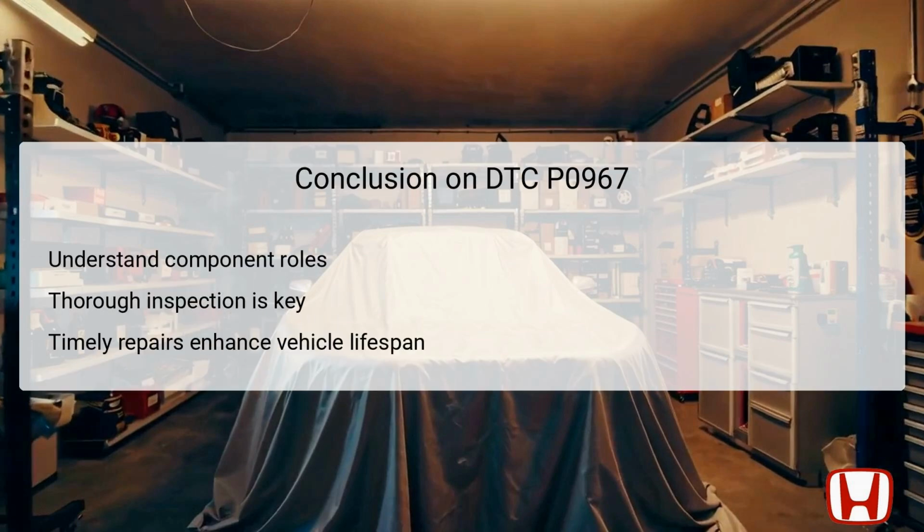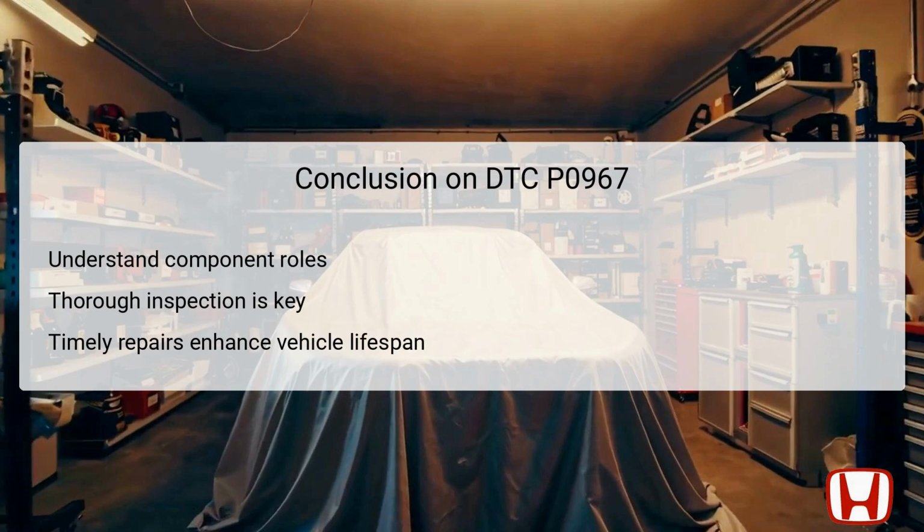In summary, understanding the role of the CVT-driven pulley pressure control valve is fundamental for diagnosing DTC P0967 effectively. This valve's proper functioning is critical for ensuring the transmission operates smoothly and efficiently. Throughout the troubleshooting process, a disciplined approach focusing on thorough inspections, voltage testing, and ongoing maintenance can lead to a positive outcome.